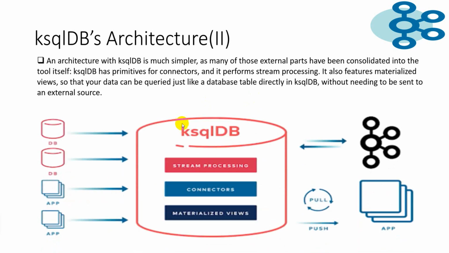As this figure shows, ksqlDB can define the stream processing query statements, and we can also define and maintain the connectors used for ingestion or sync. The result can be managed by the materialized view.